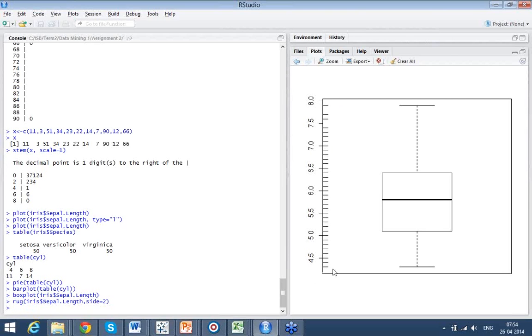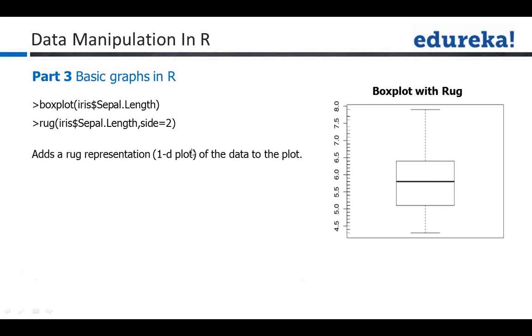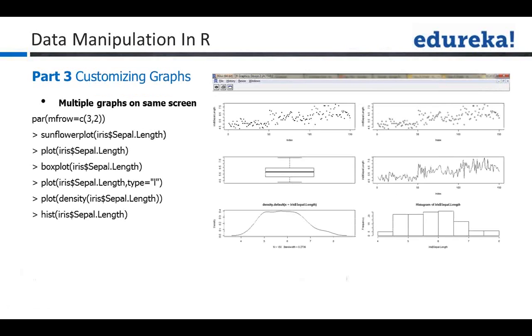Rug just gives you a scale. A normal box plot will not give you this whole scale. So when you use this rug command, it gives you a scale on the left. So Andrew, did I answer your question? Great. So this is okay.